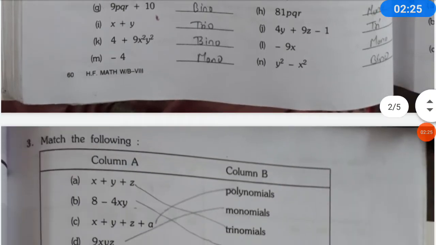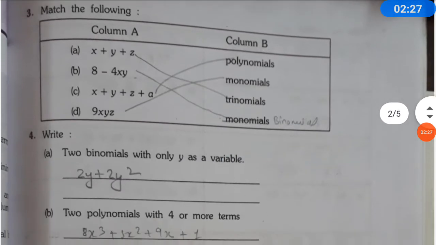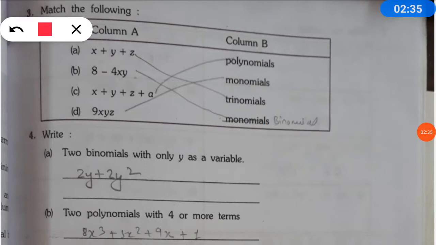Clear to everyone? Moving toward the matching of question number 3 from the workbook. Here we have to do the matching. x plus y plus z, as it is having 3 terms, will be considered a trinomial. 8 minus 4xy, since it is containing 2 terms, will be a binomial.